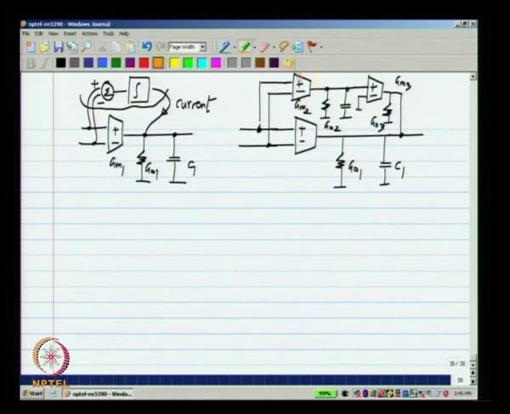The integrators themselves are imperfect, but we saw what the effect of those things are. It still works well enough.